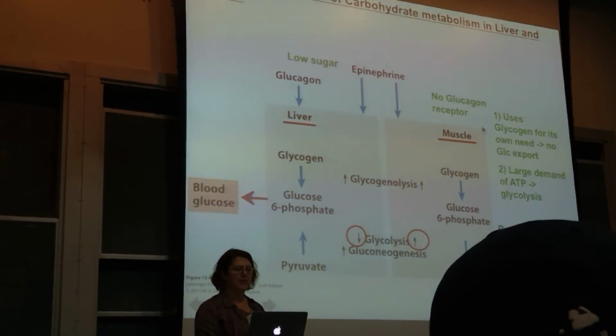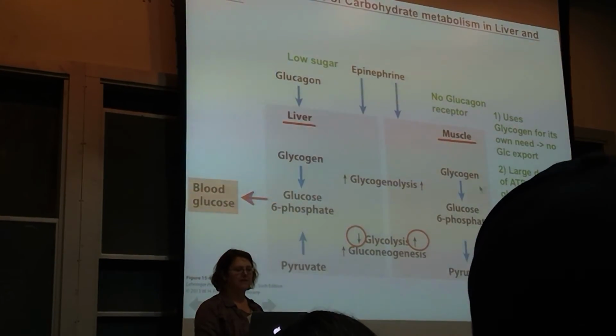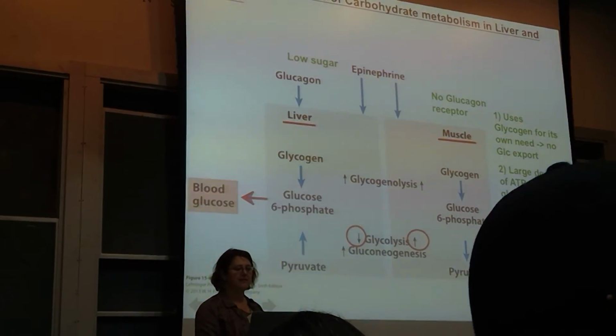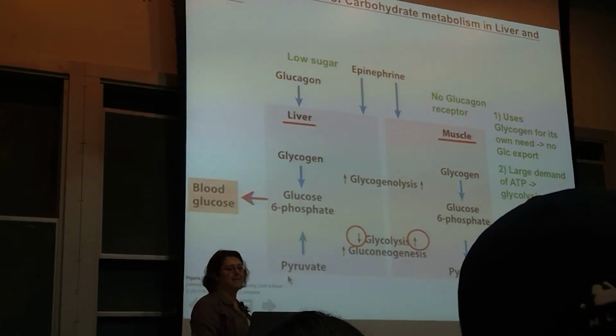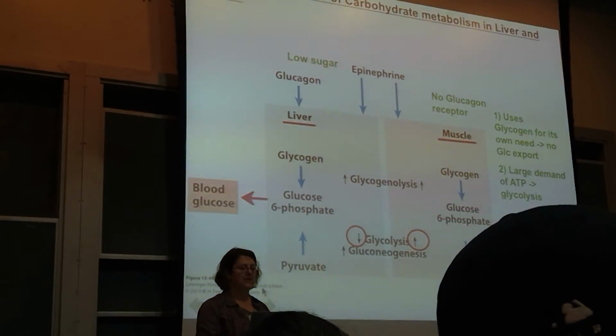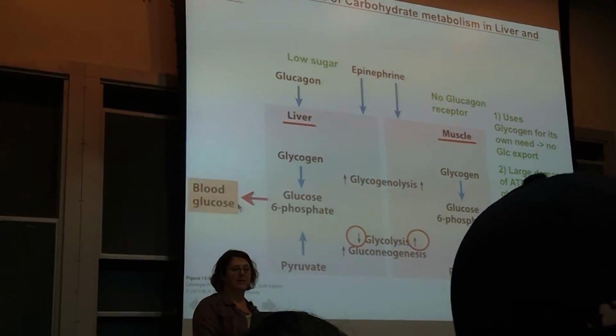Here in the muscle, you don't have a glucagon receptor, so instead what you're doing is going from glycogen to pyruvate to make that ATP. So in the muscle, it's about ATP, and in the liver, it's mostly about actually making glucose so that you can put it into the bloodstream.